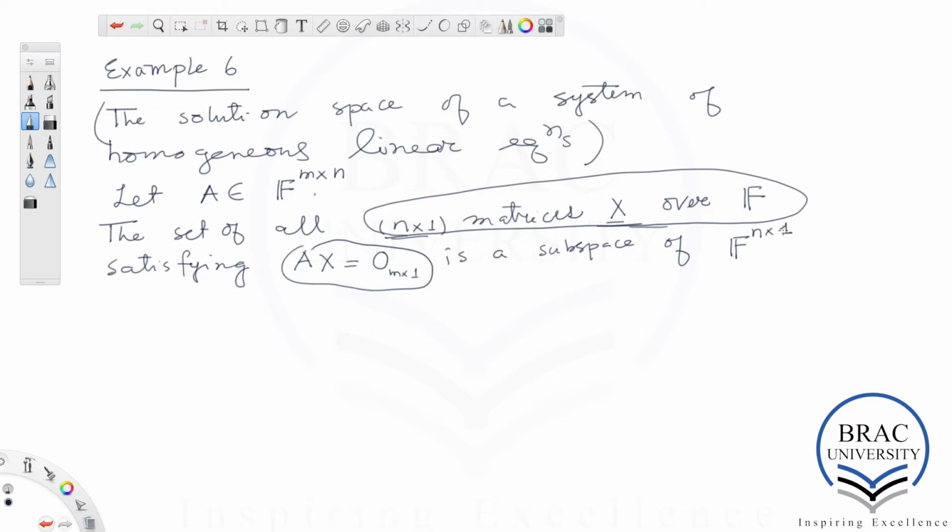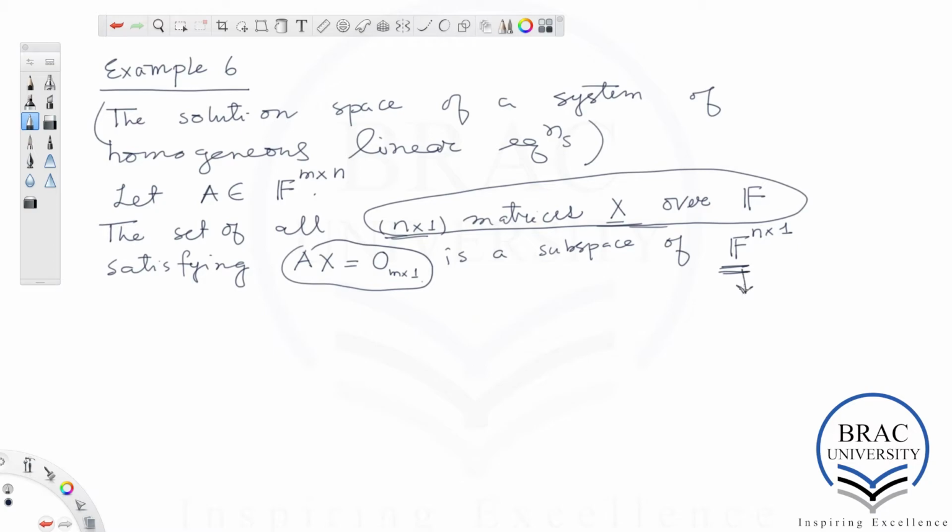F to the n cross 1 is the set of all n times 1 matrices over F. I'm just taking all those n cross 1 matrices over F that satisfy this equation, and those matrices constitute a set, and that set is going to be a subspace of this vector space.